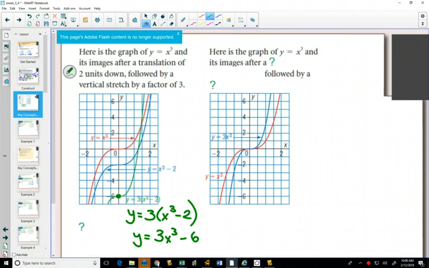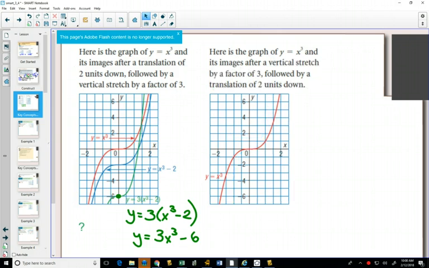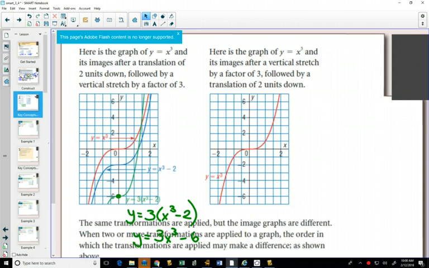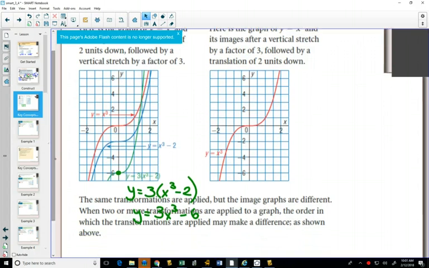And here we have another graph. Oh, the graphs just disappeared. But in that one, the stretch factor 3 and then 2 units down. Where did the graphs go? Oh well. That will be more likely how we'll do it in that order.